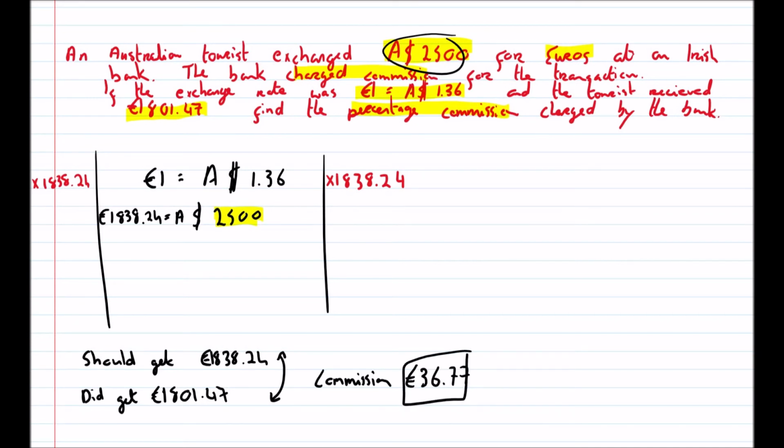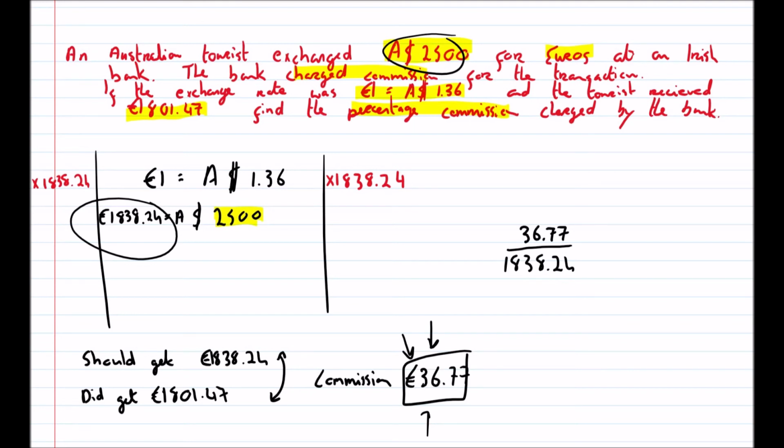But I'm not asked just for the commission, I'm asked for the percentage commission. So I need to change this into a percentage of the total amount of money. Now this is in euros, right? So put our commission on top. Now if this is in euros, I'm going to have to find the euros equivalent of the 2,500, and that's here, 1838.24.